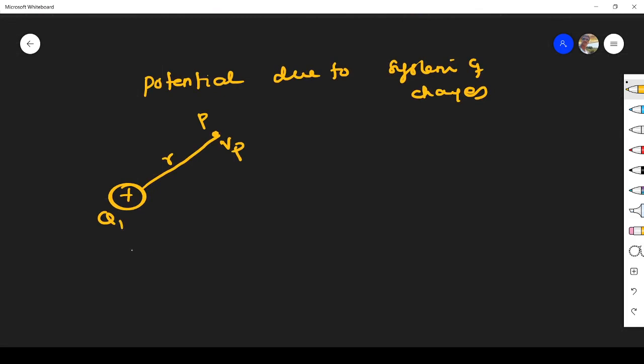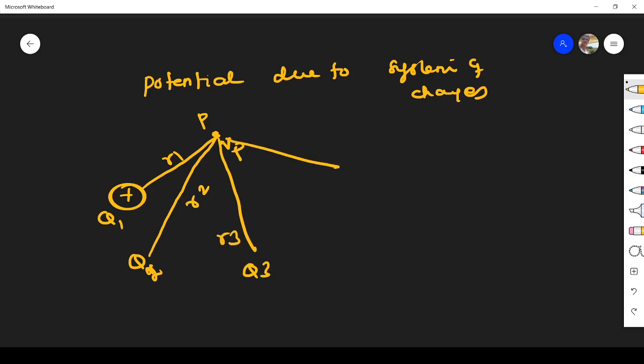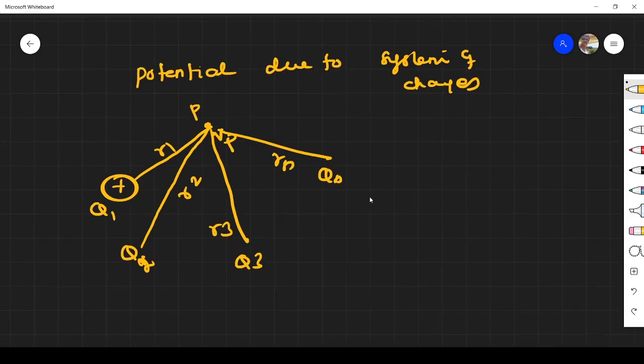Suppose we have n number of charges, all the charges will produce potential at point P. Let me draw neatly: Q1 at distance R1, Q2 at distance R2, another charge located here, Q3, at distance R3, and like that n number of charges, Qn at Rn. Right? How to find the potential at point P?